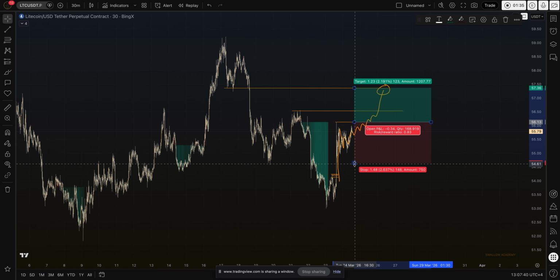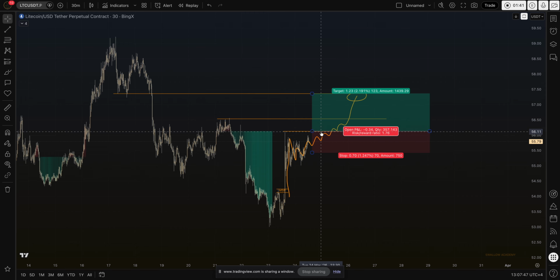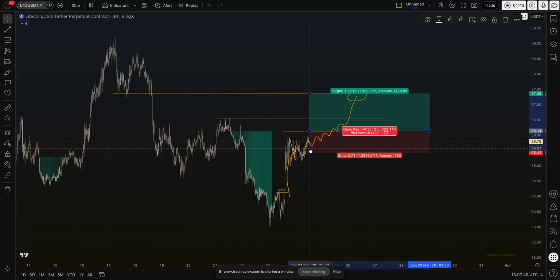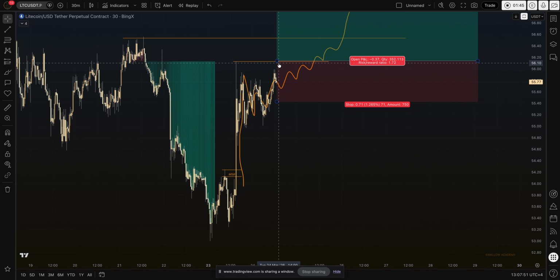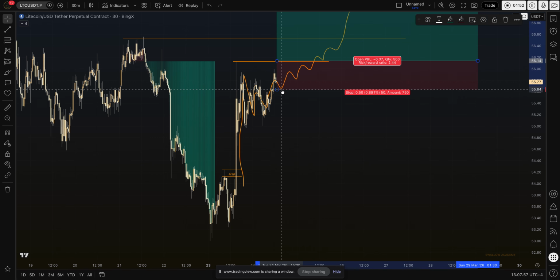Going to explain also why we took this. Going to set first the targets here, so we break out from here. If we break out from this area, let's say this is the breaking point, our approximate stop loss would be somewhere in this region. It highly depends where the local low is on the 5-minute time frame.